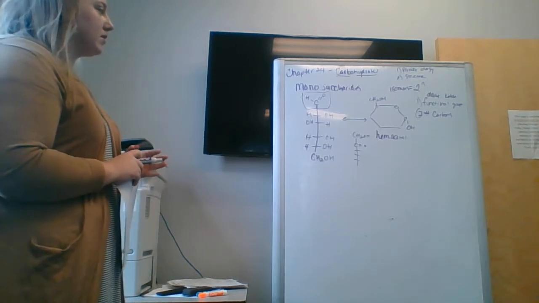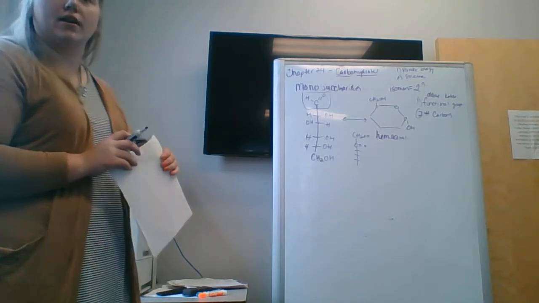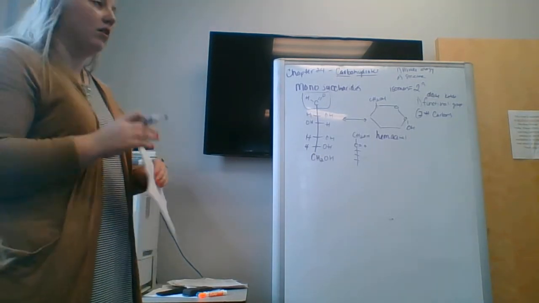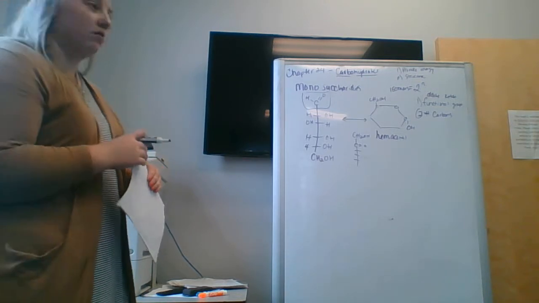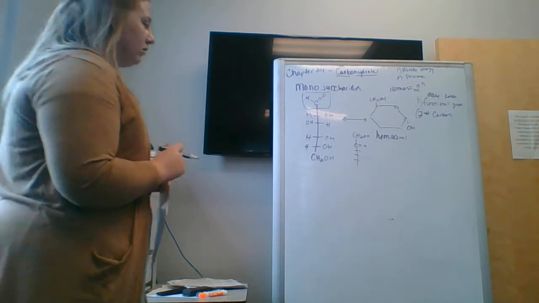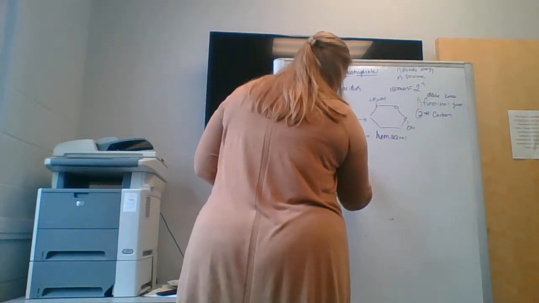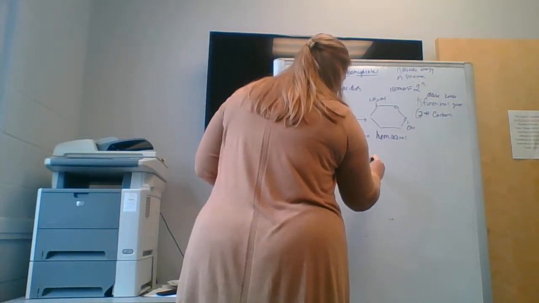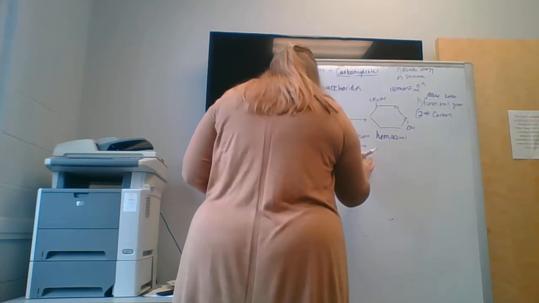What's the smallest number of carbons in a monosaccharide possible? 3. So a triose is your smallest one. How would we classify this one?